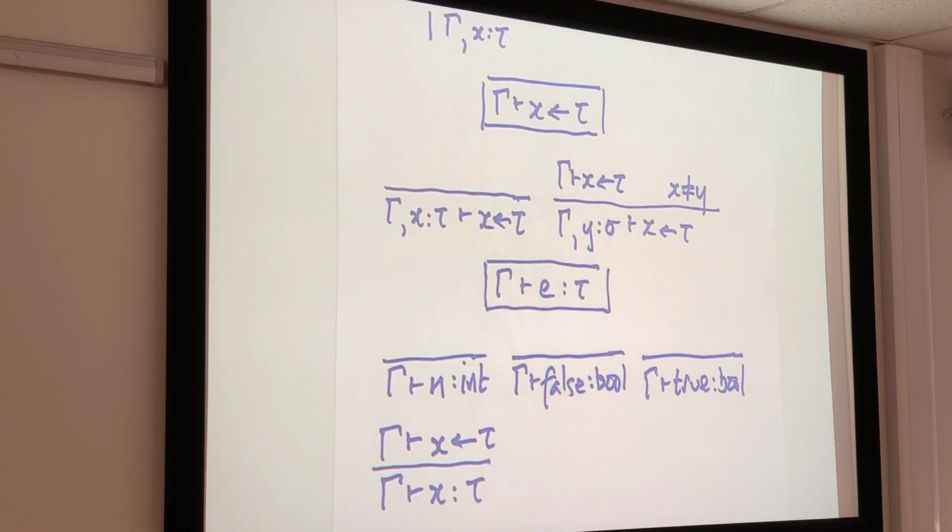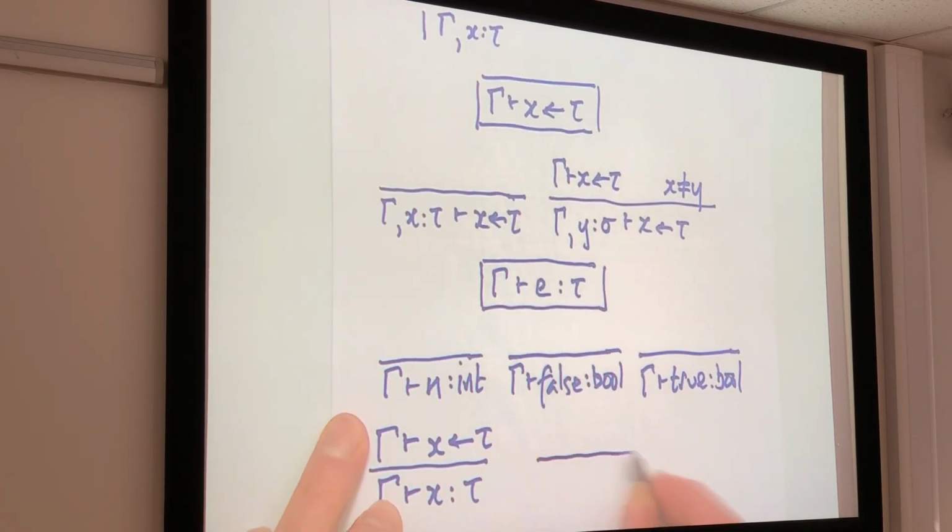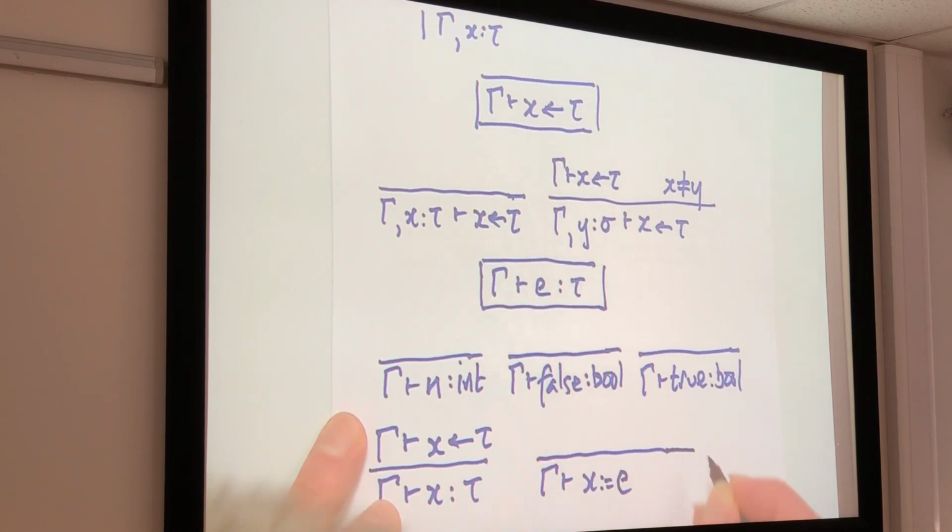So we've got rid of the fact that variables are only integers. We can make them whatever we like. But then we have to think about assignment, because this is now an expression. This is an expression, so it ought to have a type. When does it make sense?